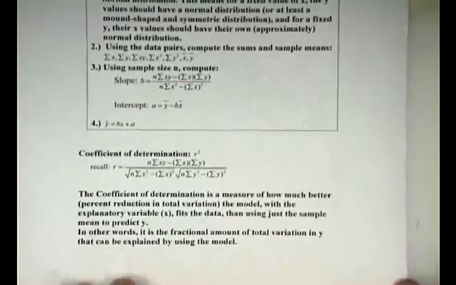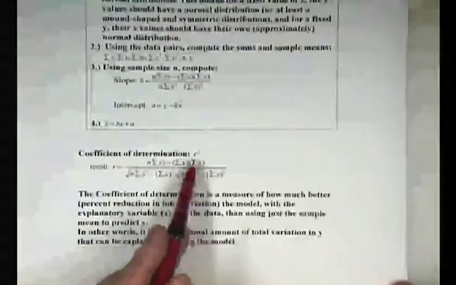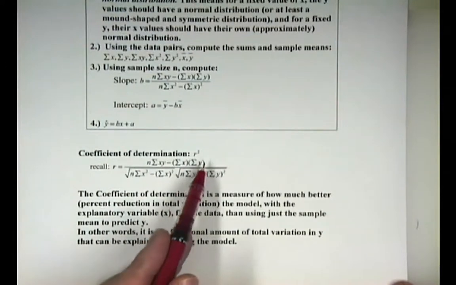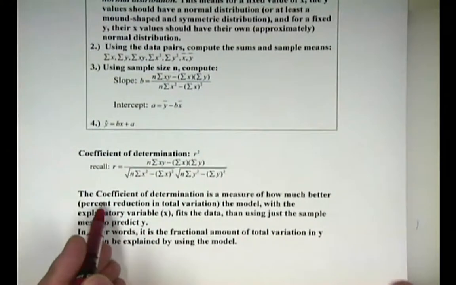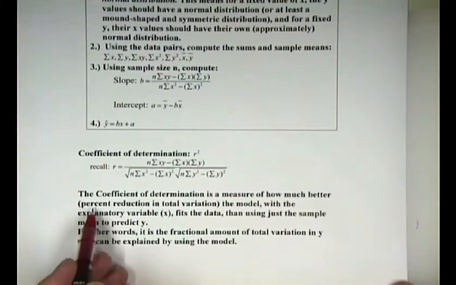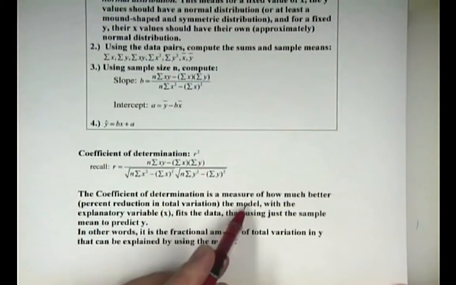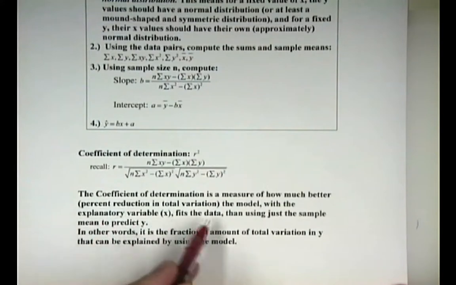I want to talk about the coefficient of determination, r squared. It's just Pearson's correlation coefficient, but squared. And it tells you how much better, or the percent reduction in total variation, the model with the x variable fits the data.